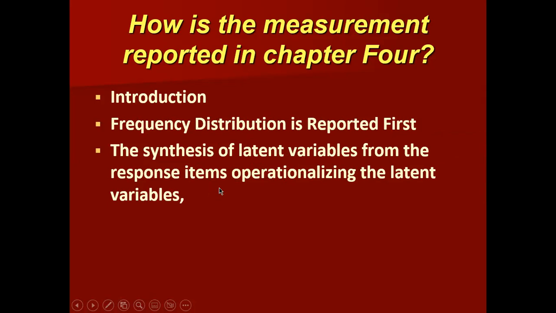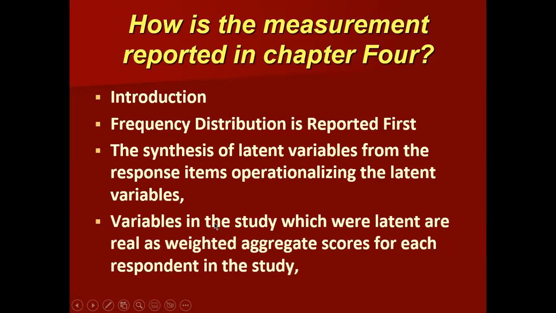For instance, in the knowledge section, you have items there, and those items will now operationalize the knowledge itself. So this is what we are practicing now in applied biostatistics. So variables in the study which were latent are real. They are real, but at the time of the collection of the data, they are not there.